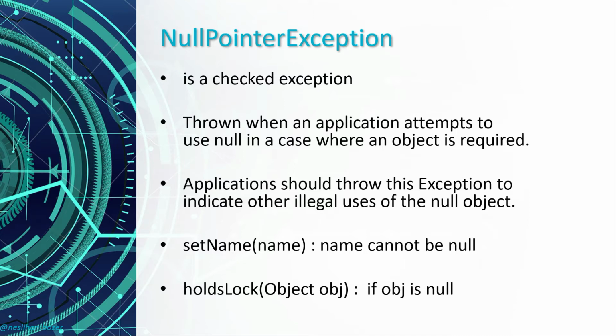Applications should throw instances of this class to indicate other illegal uses of the null object. NullPointerException objects may be constructed by the virtual machine as if suppression were disabled and the stack trace was not writable. The setName or holdsLock methods can cause NullPointerException.